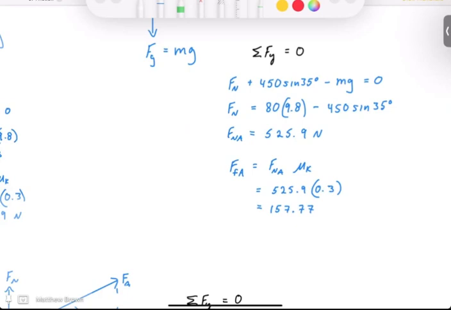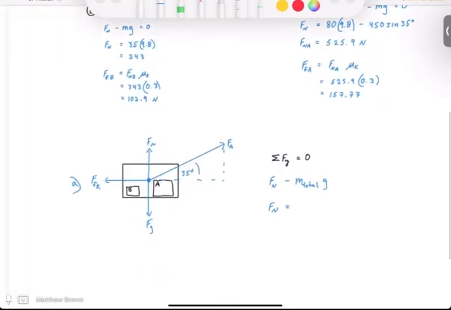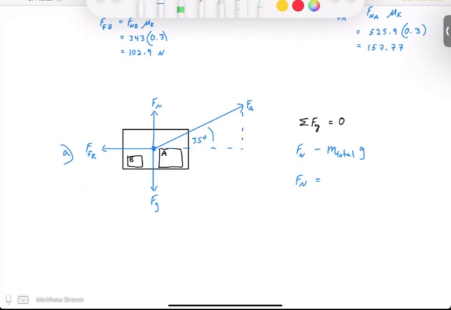So now I can do this analysis the way that I looked at this.